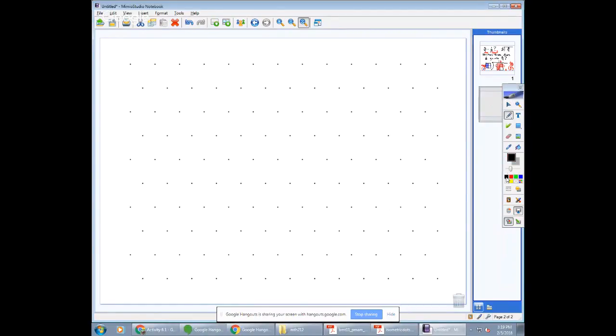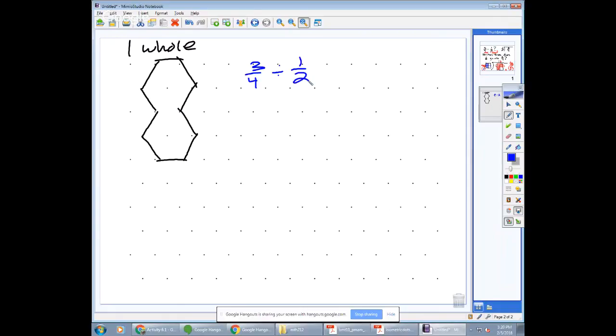Okay, to show 3/4, what would have to be a whole here? It would have to be 2 hexagons, right? So we want to be clear up front what a whole is. Tracking well. Okay, so this is 1 whole. And then I need 3/4 divided by 1/2.